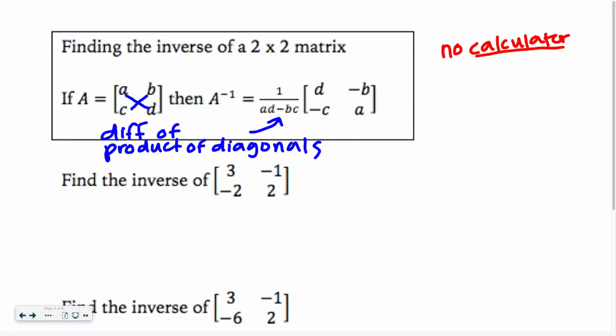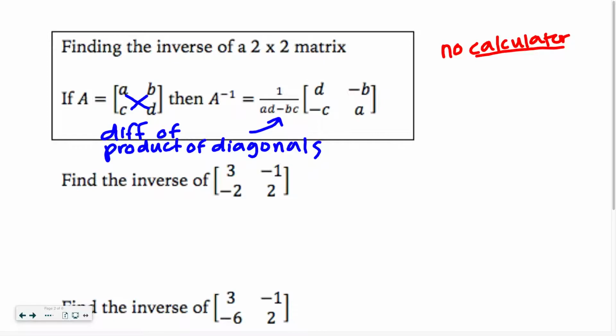The other really important thing, and this is where homework comes in handy because you'll practice it so you'll know the setup, is that you have to change the entries as well as multiply by the scalar to write the inverse matrix. Notice on that first diagonal, A and D switch positions. The value in the bottom right moves to the top left and vice versa.